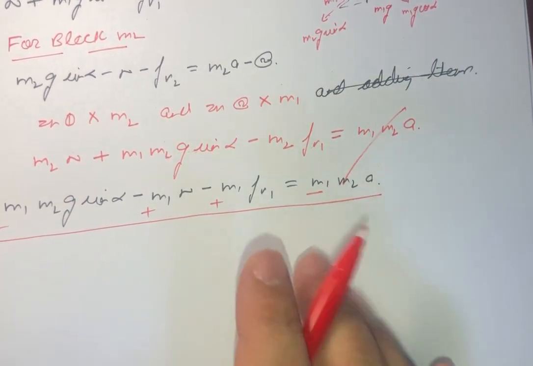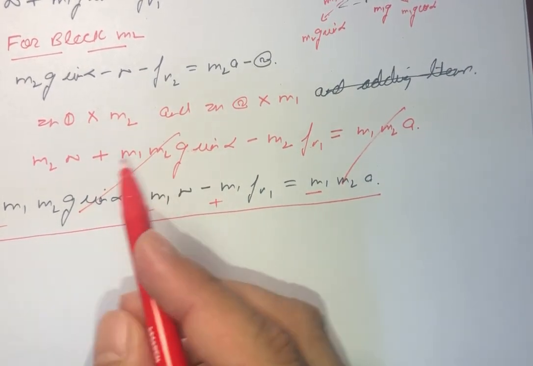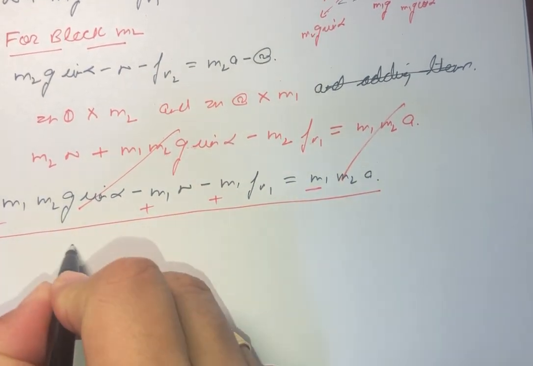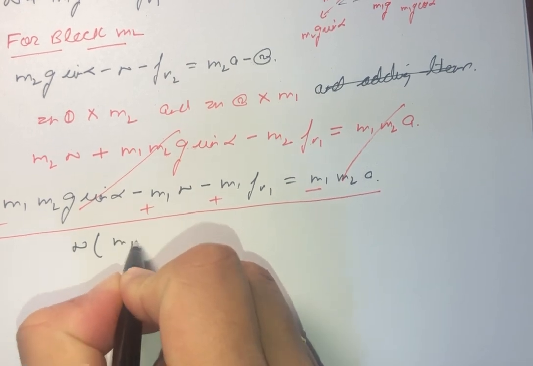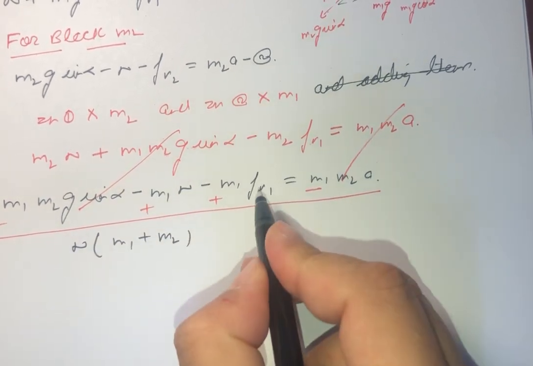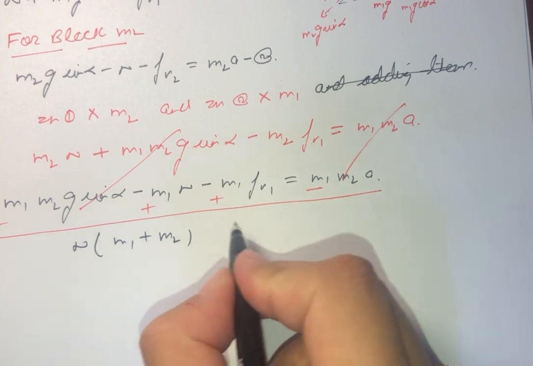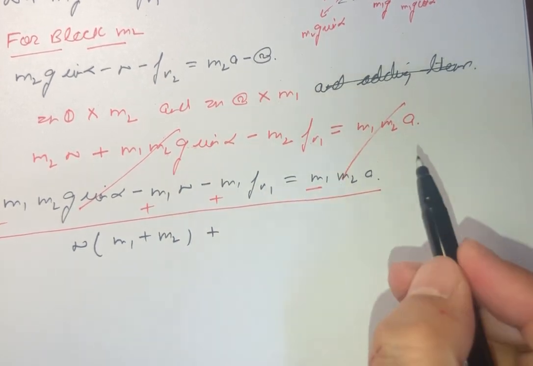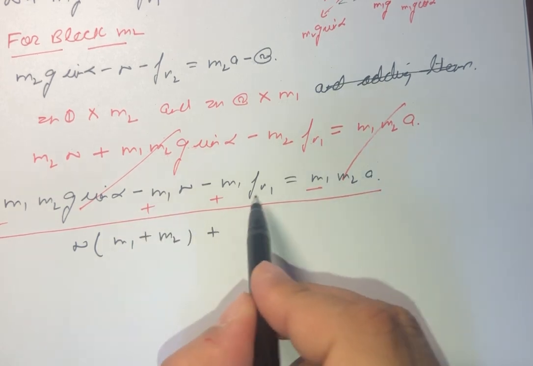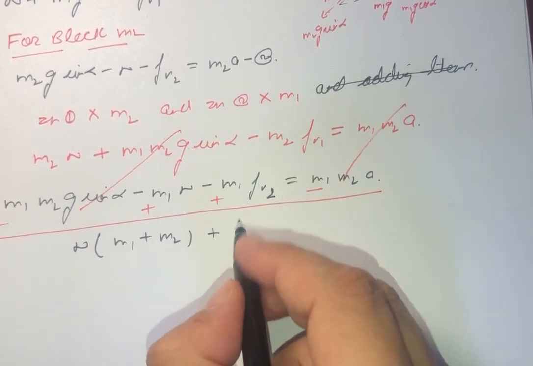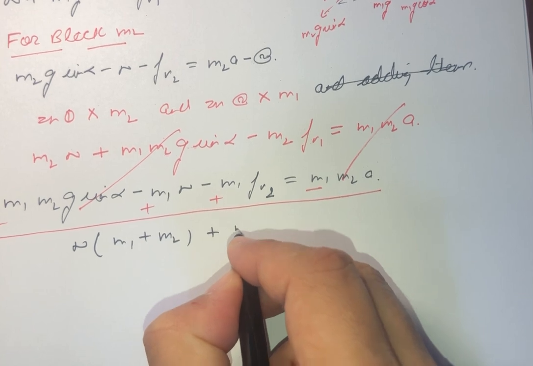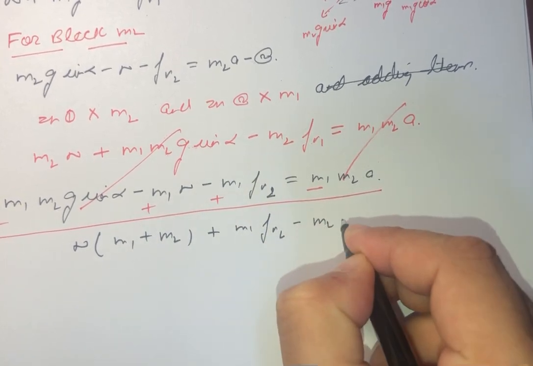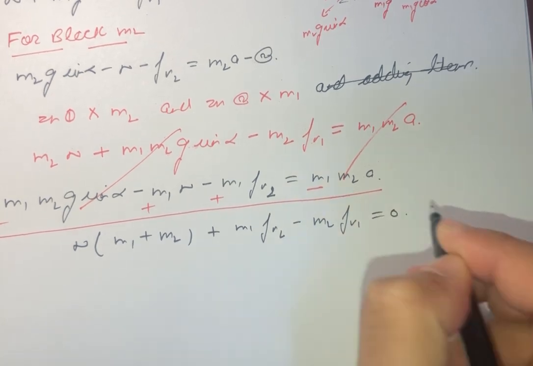So this cancels out and this also cancels out. We are left with, taking n as common, n times (m1 plus m2) plus m1 fr2 minus m2 fr1 is equal to 0.